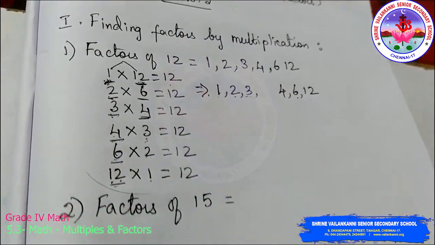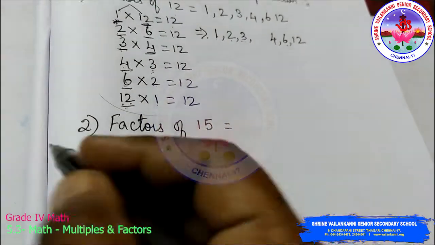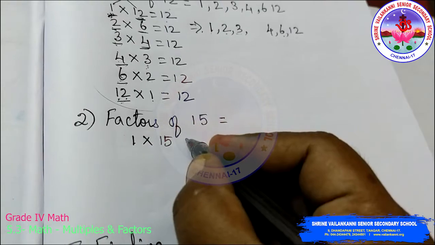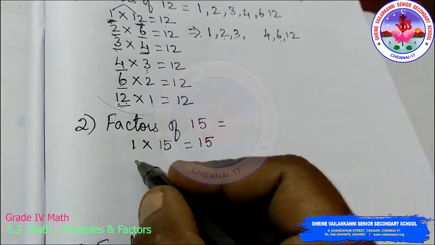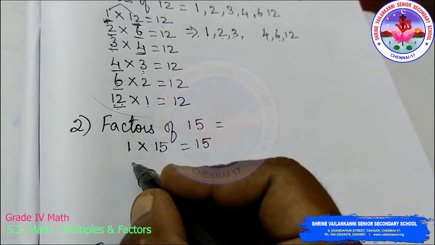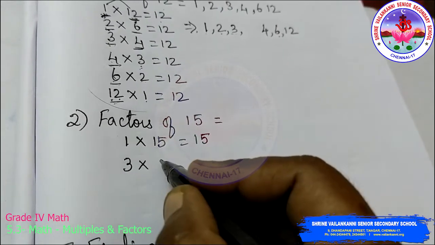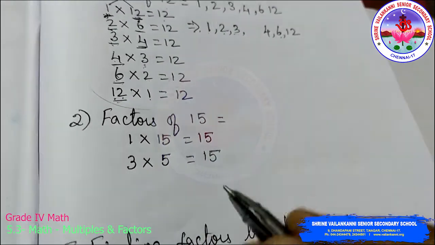I'll show you one more sum. Factors of 15 we are going to find. First the 1 table, how many times? 1 15s are 15. Then the 2 table, will we get 15? No. 3 table, yes, 3 into 5, 15.